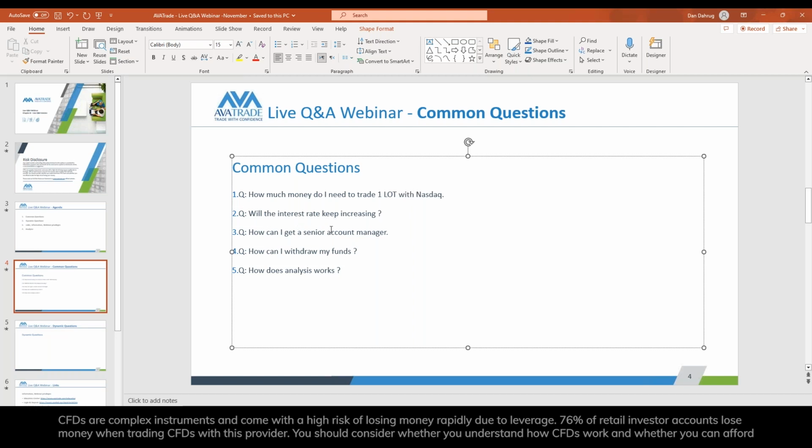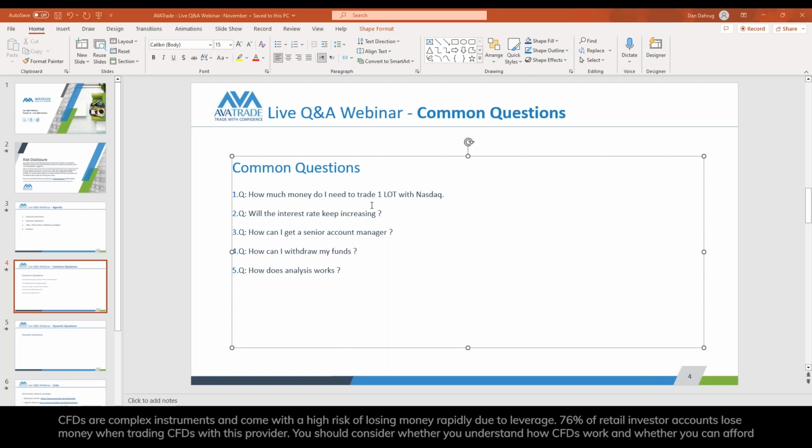Will the interest rate keep increasing? How can I get a senior account manager? Well, this one I'm familiar with. How can I withdraw my funds? That's also okay. How does analysis work? Okay, all looks pretty legitimate.